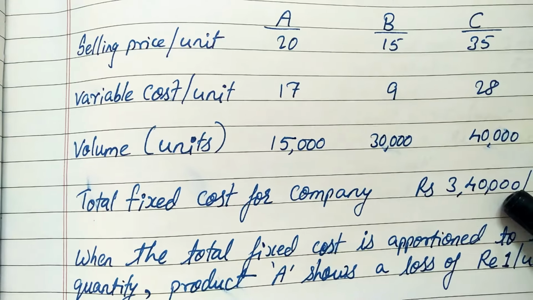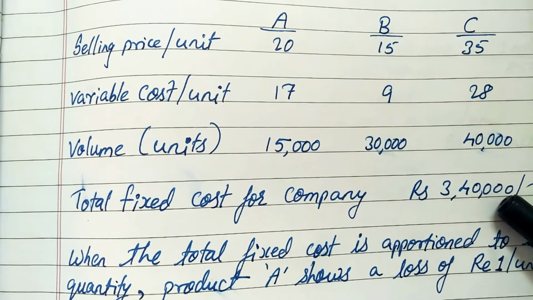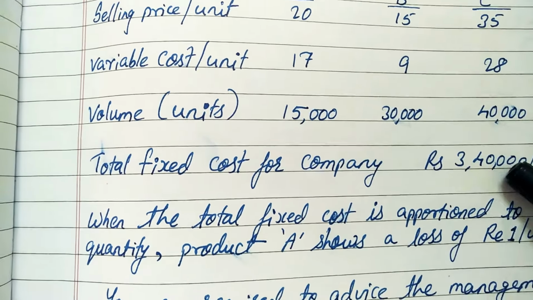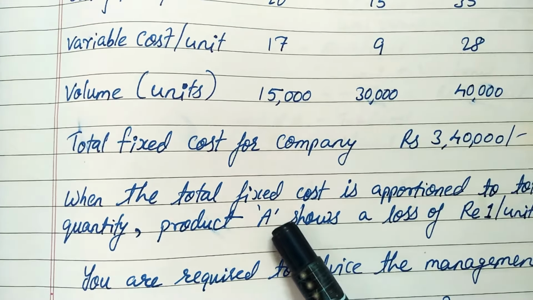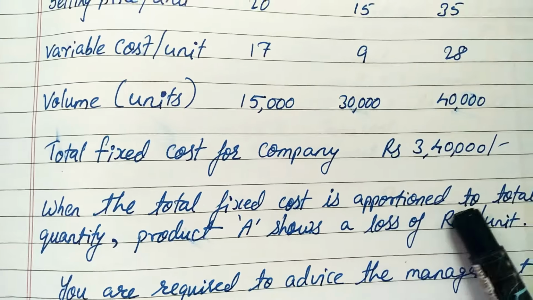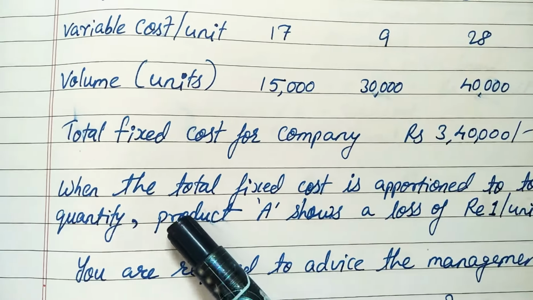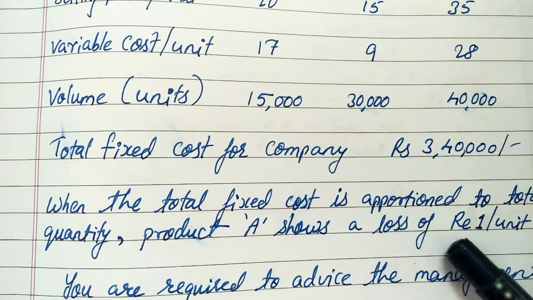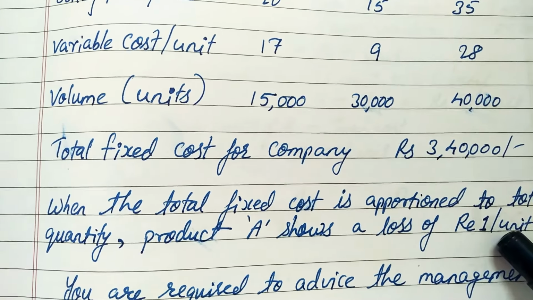The total fixed cost of the company is 3,40,000 rupees. The total for the whole company is given to us of fixed cost. And what is said is, when the total fixed cost is apportioned to the total number of units, that is the quantity, product A shows a loss of 1 rupee per unit.